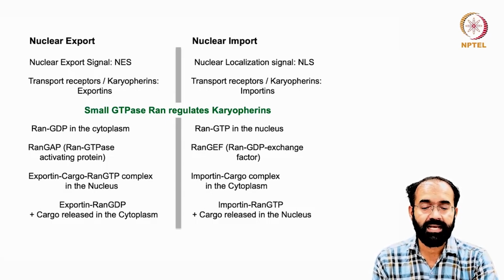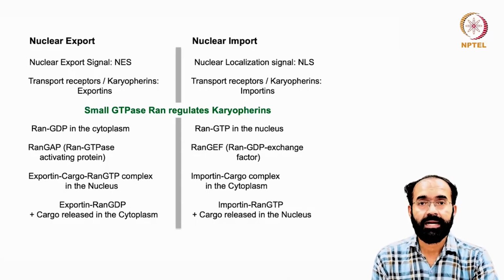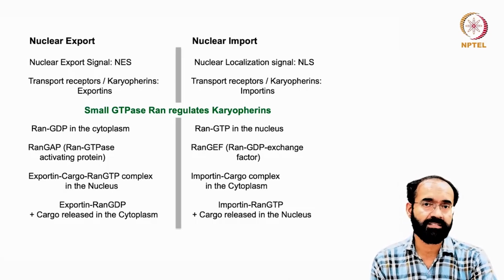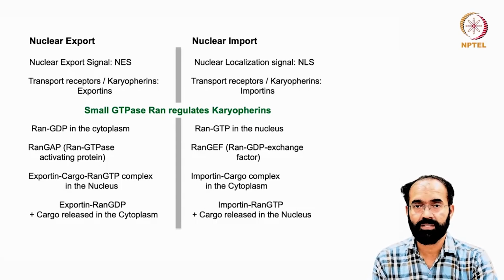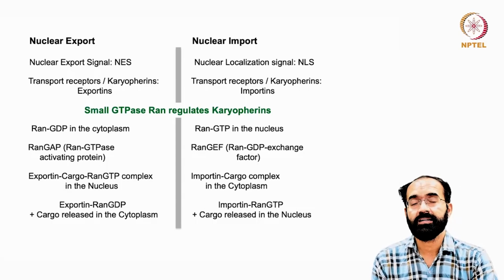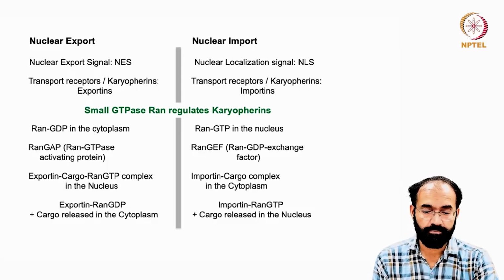What does it indicate? RAN GDP exchange factor. So when RAN is associated with the GDP, it needs the support of an exchange factor, somewhat similar to the GTPase activating protein, GAP. The exchange factor is important for exchanging the GDP with a fresh GTP.